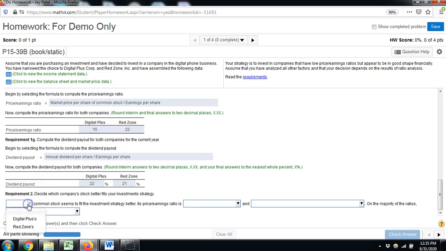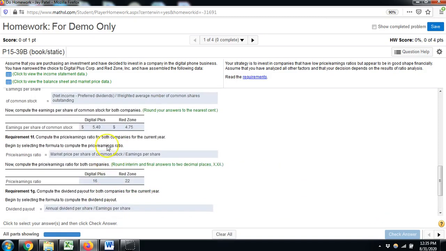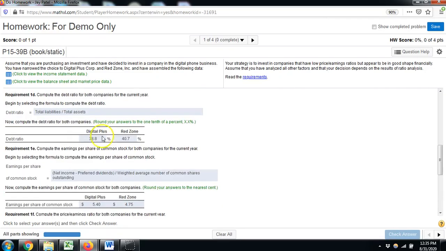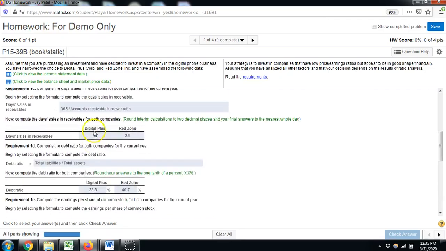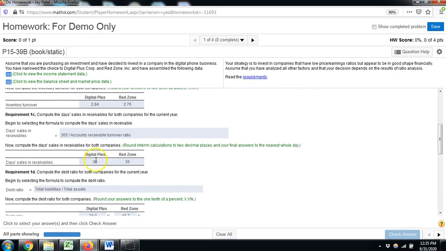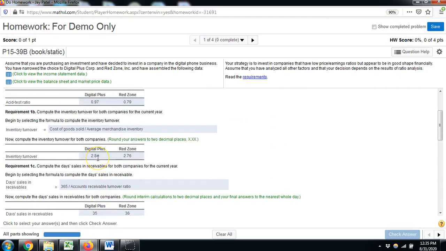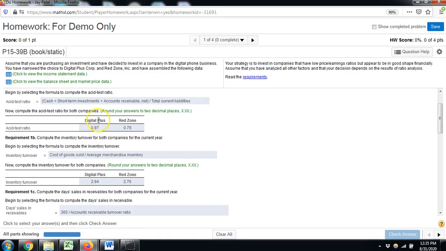So we see here that Digital Plus has the lower price to earnings ratio. And let's see if it has better financial health. Yes, it has a lower debt ratio. It has a higher acid test ratio, which is good.